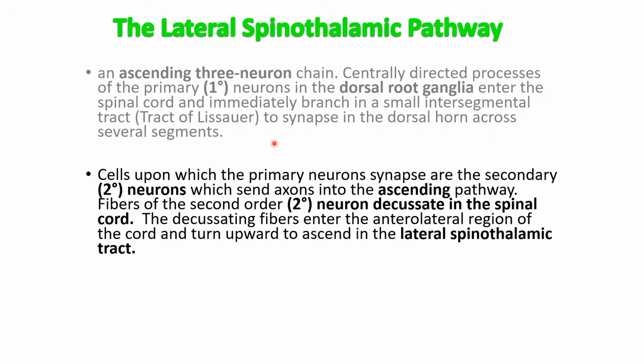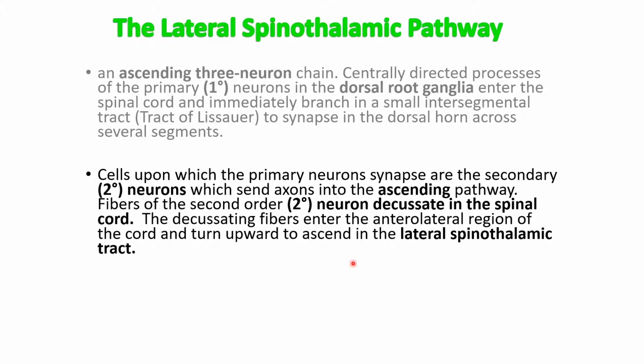The cells that those primary neurons synapse on are secondary neurons in the dorsal horn of the spinal cord, and those second order neurons decussate in the spinal cord.